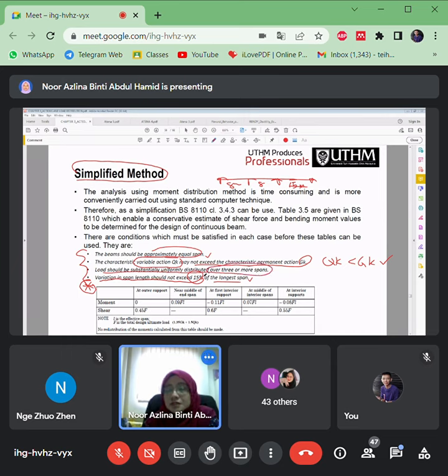That means these tables are only for 3 or more spans. If there are 2 spans, you cannot use these tables. You have to use the moment distribution method. If 3 spans, 4 spans, 5 spans or more, you can use this simplified method. But you have to fulfill all these requirements. Okay, so this is very important before you can use this simplified method here. So there are several requirements, and you have to fulfill all of them.